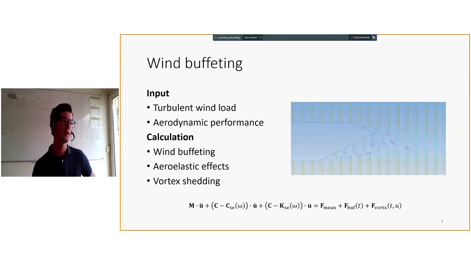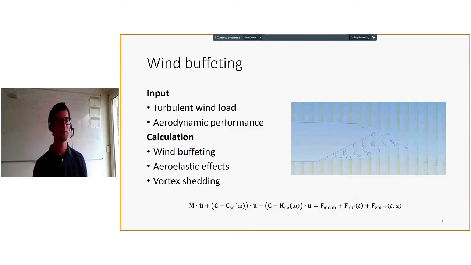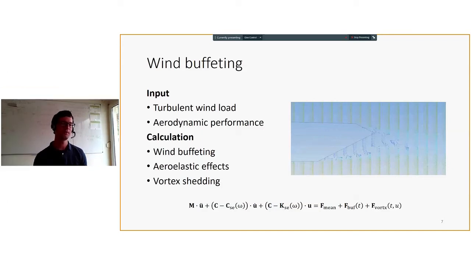And then once we have the input, we have to pick a focus, what we would like to calculate. In general, we can superimpose the wind effects into mean wind, which is constant over time, buffeting, and vortex shedding. As well, flexible structures tend to move in the wind, so therefore we have aerodynamic damping and stiffness.